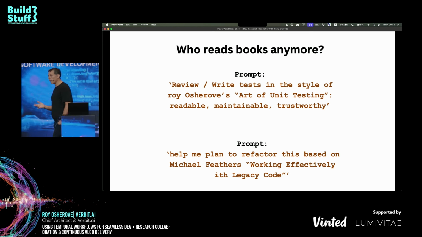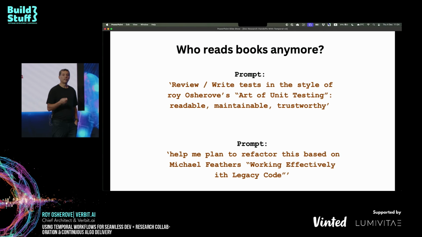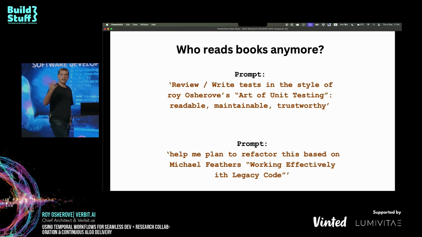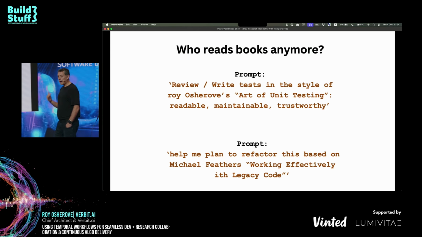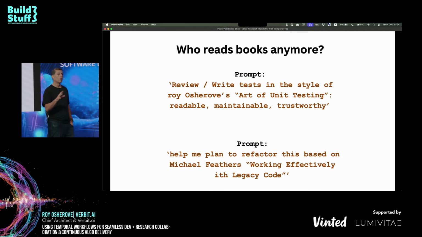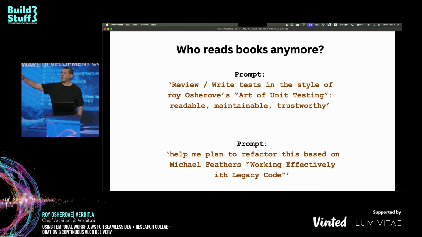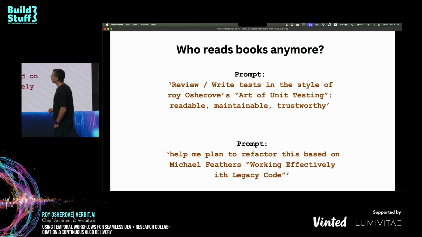So now, whenever I open Cursor or any of the AI coding tools, I'll say, okay, review this in the style, or write test in the style of Roy Osherove's Art of Unit Testing, readable, maintainable, and it already knows what I'm talking about. So I don't need to add more context. It's actually trained on the book. So I highly recommend, if you want pre-trained models based on stuff that you care about, write a book about it, and probably 3 months later, it's going to be a model that has been trained on your book. Congratulations, you're now contributing to the models.